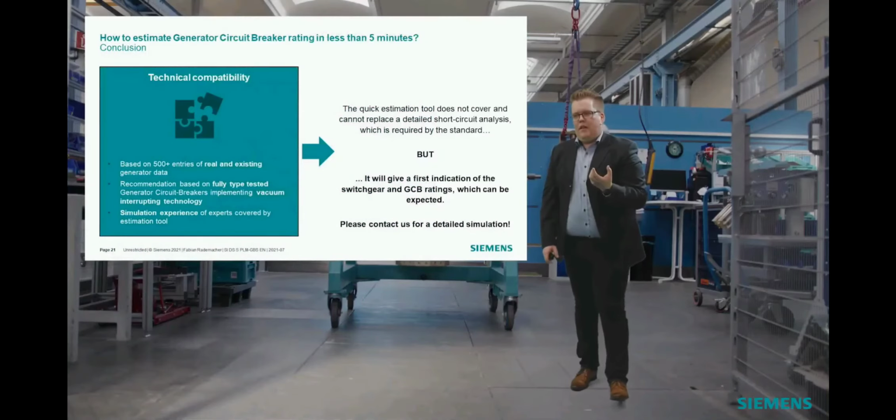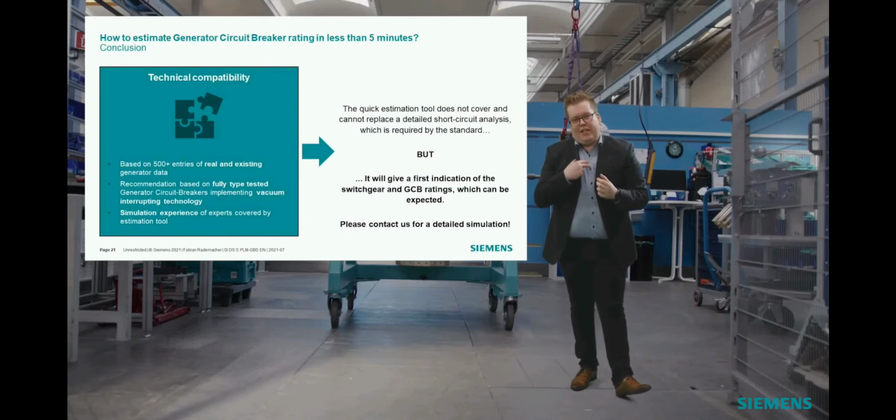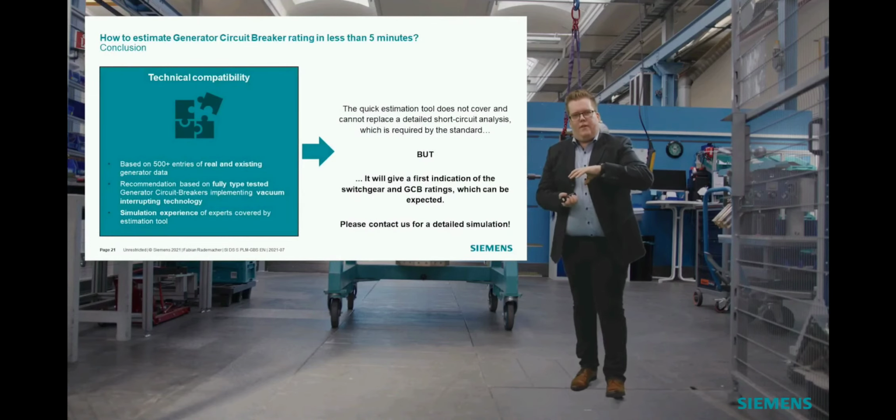If you go further in your project, you can directly contact us to provide you this detailed simulation, which will then be transformed into the most sustainable, the most reliable, and a tailor-made solution from the Siemens GBS portfolio.